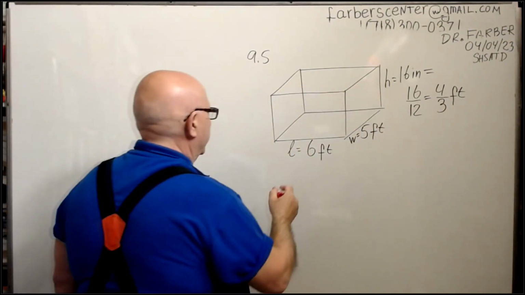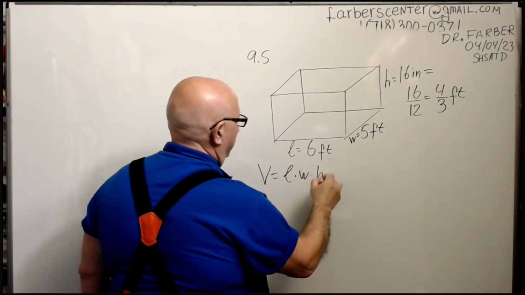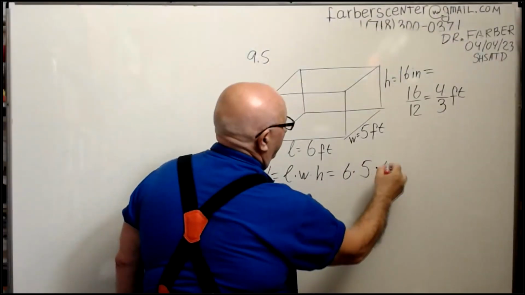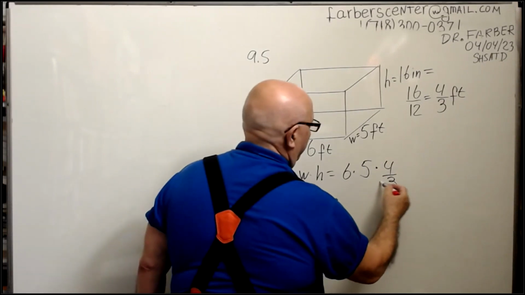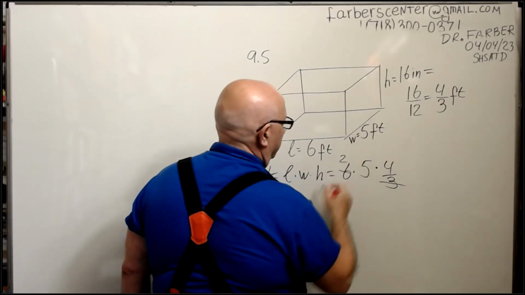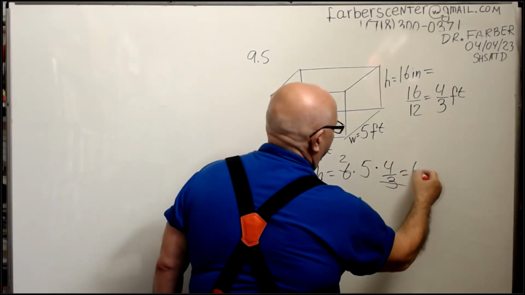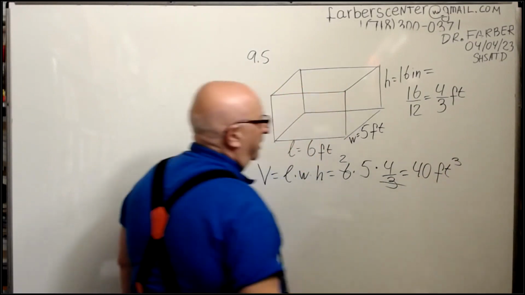Like we did in 4th grade, volume equals length times width times height. 6 times 5 times 4 over 3. 3 goes into 6 2 times. 10 times 4 is 40. 40 cubic feet. This is the volume of the tank.